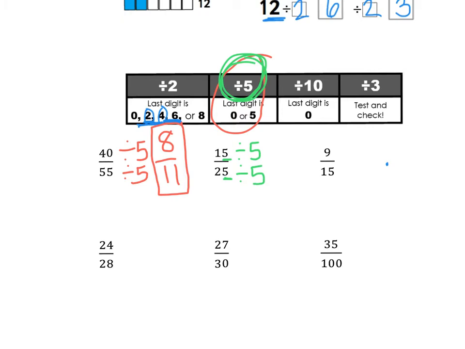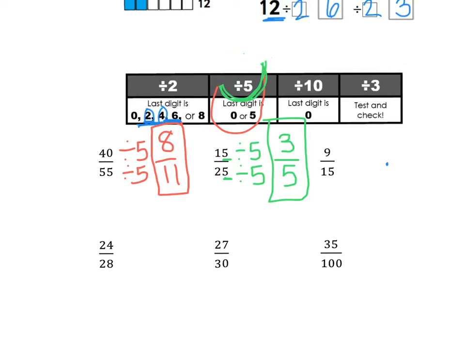So 15 divided by 5 is 3, and 25 divided by 5 is 5. Now we need to ask ourselves, can I simplify any more? And no, we cannot. 3 and 5 have nothing else in common other than 1.